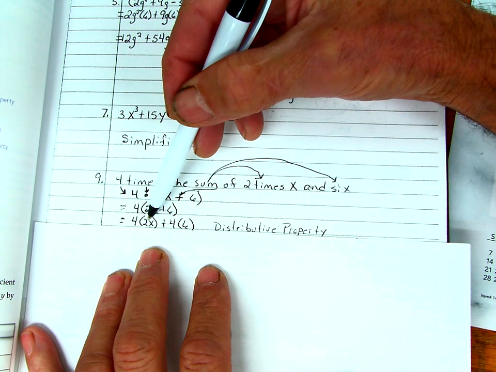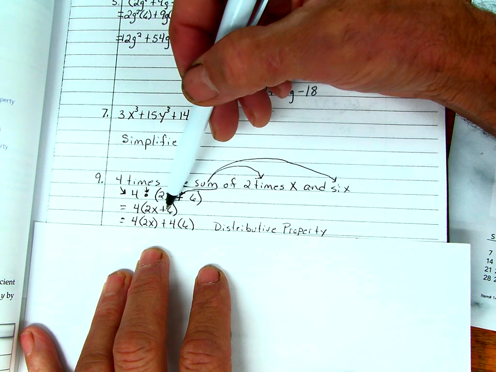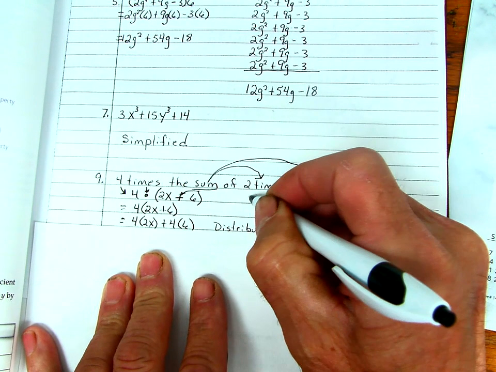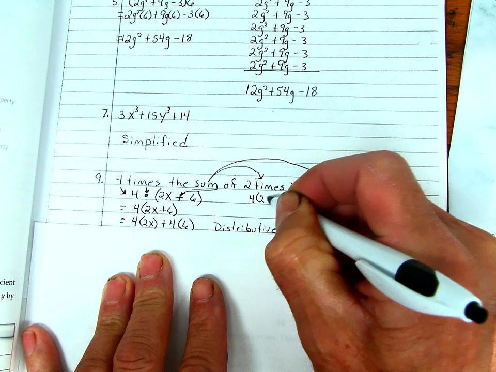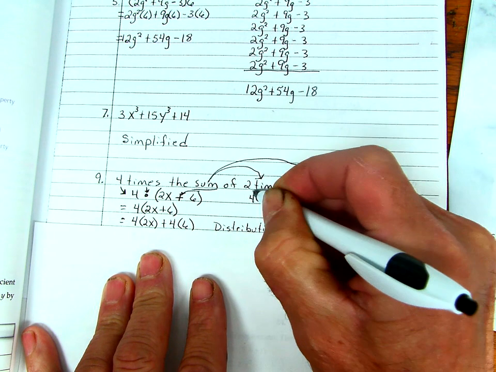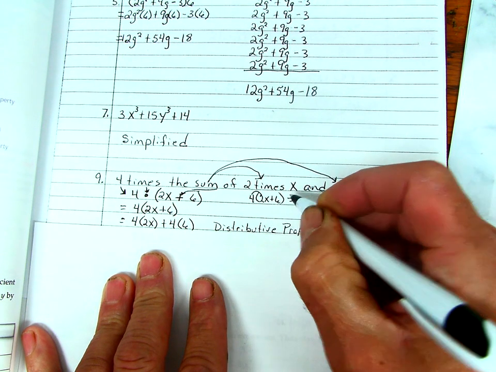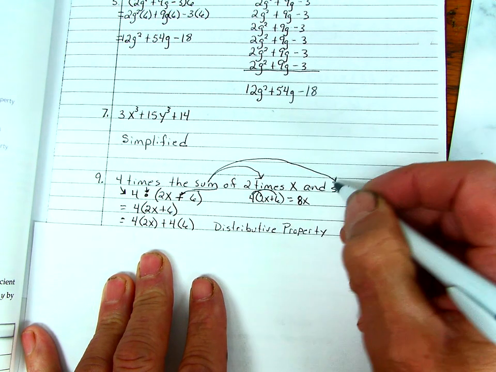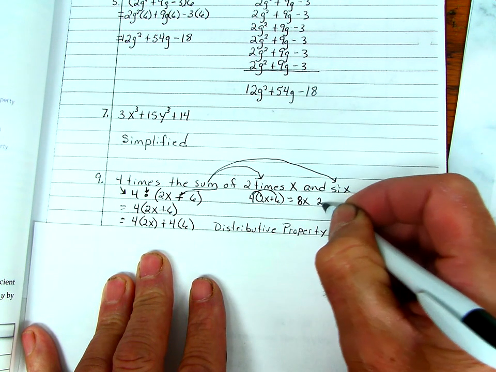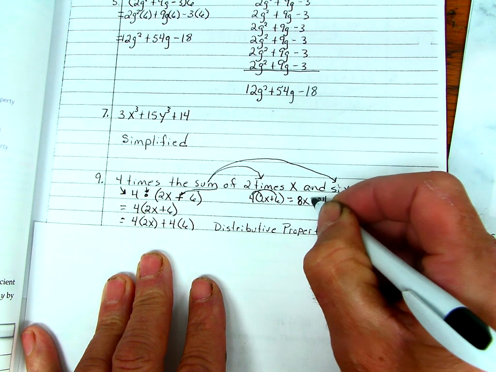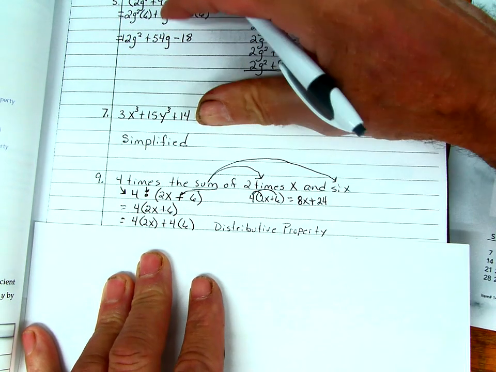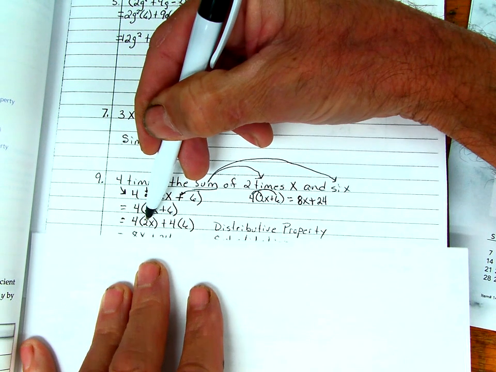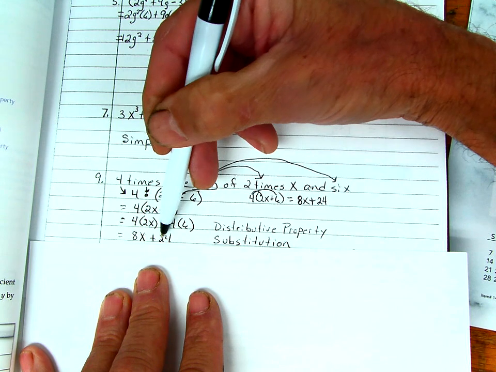Here's the way the book does it. Distribute this 4 to each term. Here's how I would do it. 4 times 2x plus 6 is 4 times 2 is 8 with an x. And 4 times 6 is 24 without an x and a plus sign right in the middle of them. 4 times 2 is 8. 4 times 6, 24.